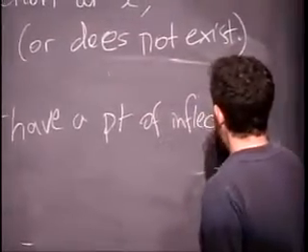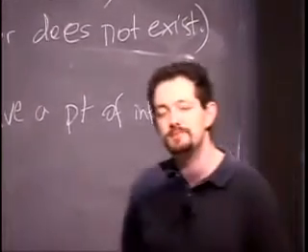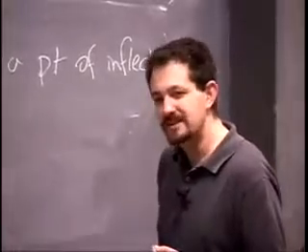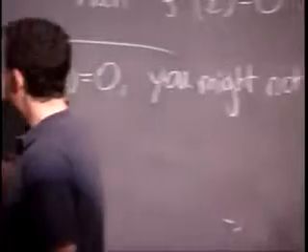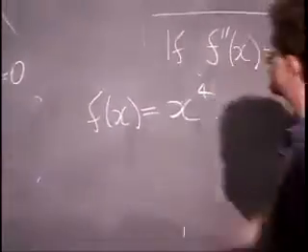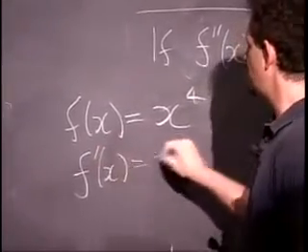Okay, so if you know that f double prime of x equals 0, you have a potential candidate for an inflection point, but it is not necessarily an inflection point. Here's a really straightforward example. F of x equals x to the 4th. Classic example.